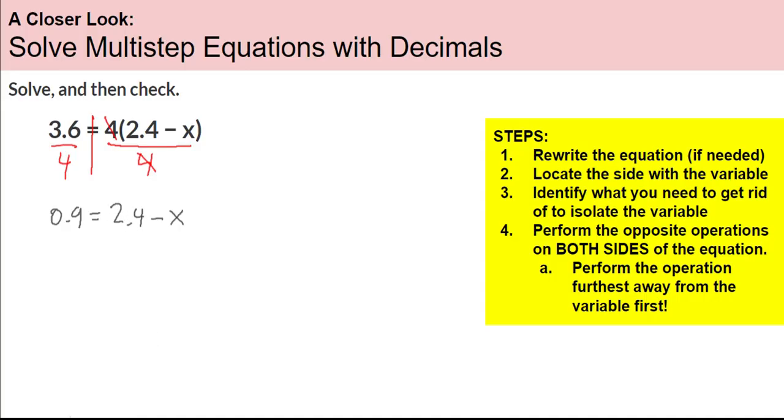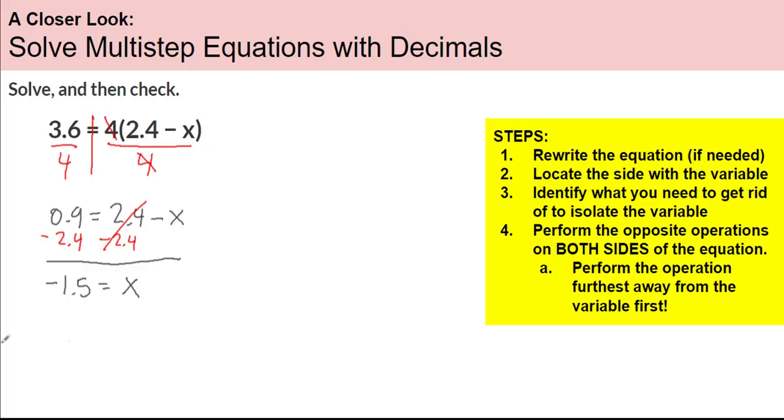It's a positive 2.4, so we need to subtract 2.4 from both sides. These cancel out, and so 0.9 minus 2.4 is going to be in the negatives. So that's going to be negative 1.5 equals x.